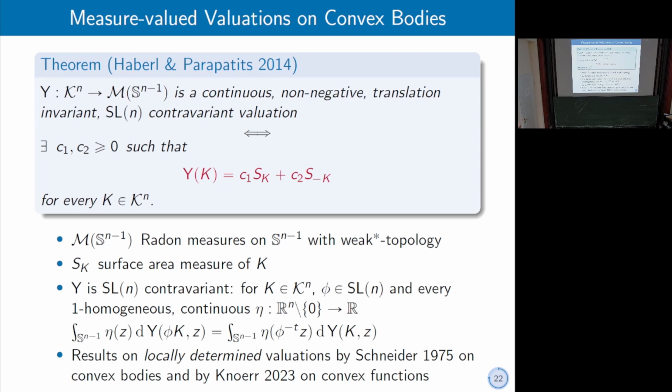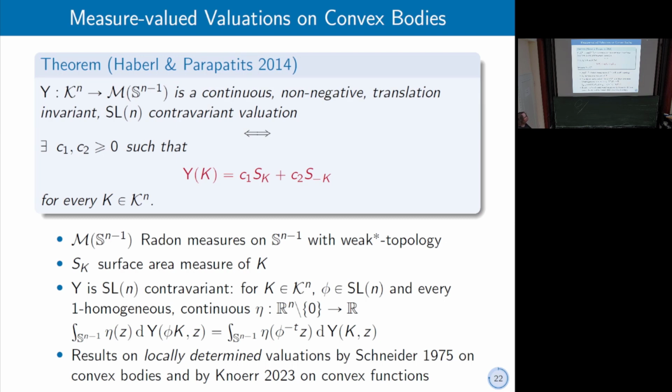I want to just use valuations and transformation properties. But in this setting, there are many results on measure valued valuations. A different author, in particular, Jonas Knoerr, looked at this question for measure valued valuations on convex functions.